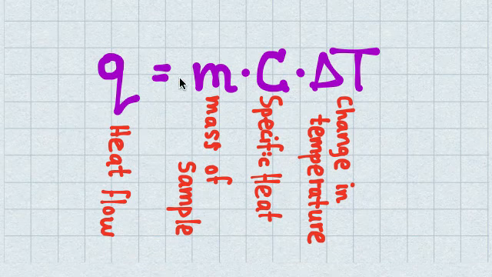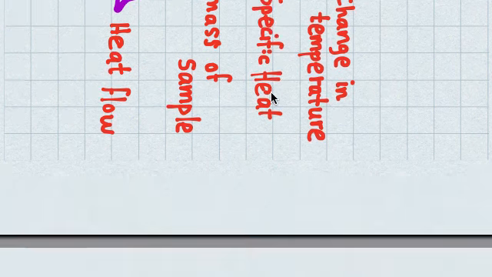It goes Q equals M times C times delta T. There are various conventions, so maybe there's not an agreement on how this should look, but what's important in calculating how much heat flows is the mass of the sample, how much of the substance we're talking about, the change in temperature, whether it's 1 degree or 10 degrees or 100 degrees, and how that certain substance responds to heating and cooling.